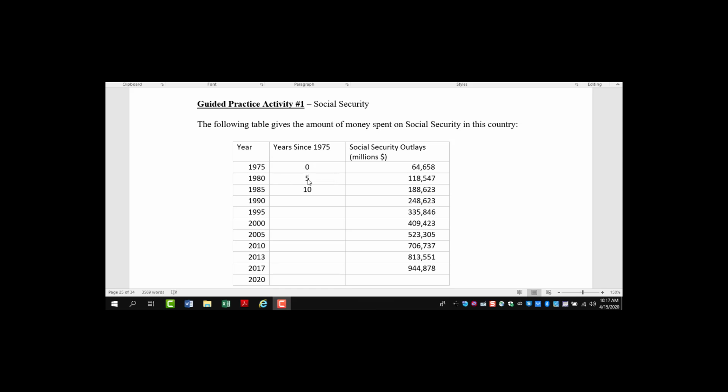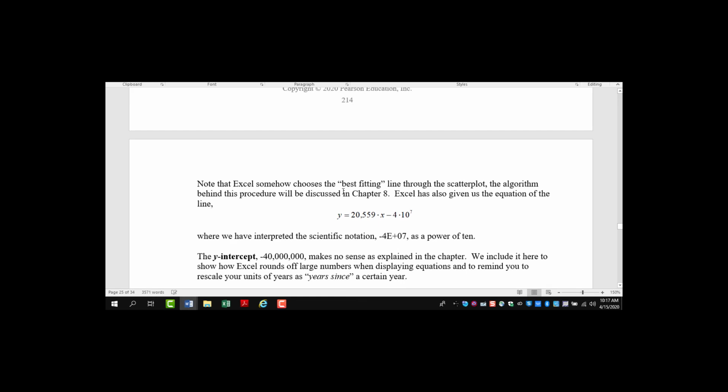That would make 1980 year 5, 1985 year 10, 1990 year 15, 1995 year 20, etc., all the way down. You would use this column and this column and state that the year 1975 equals year 0. And that avoids getting this weird y-intercept.